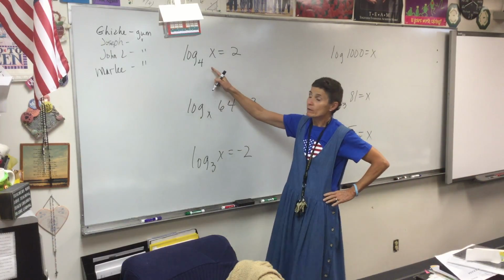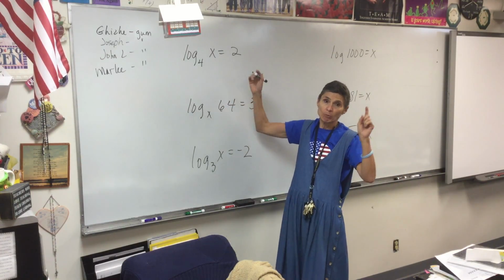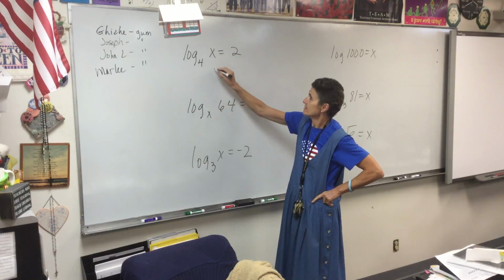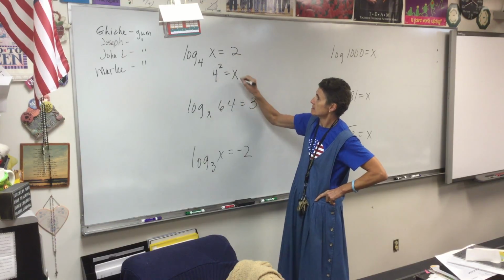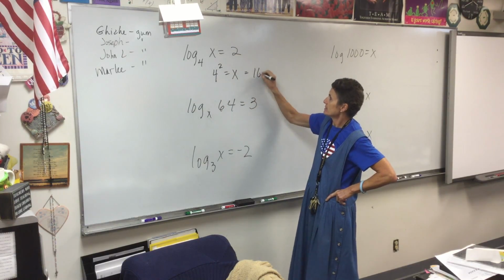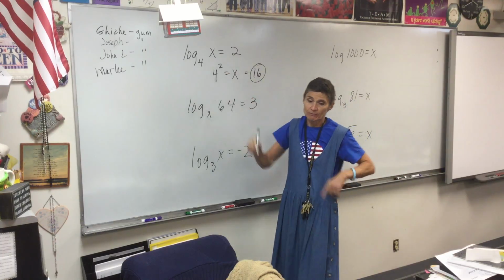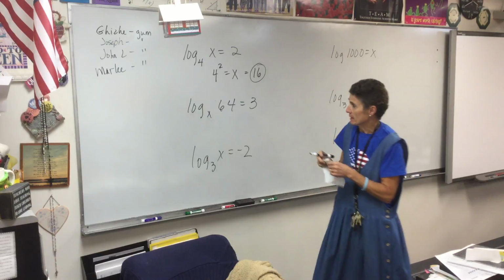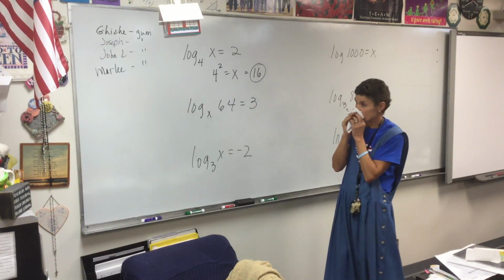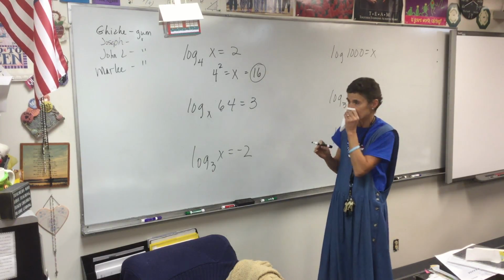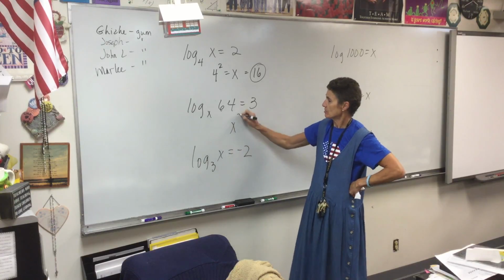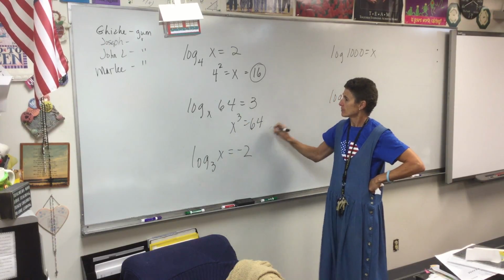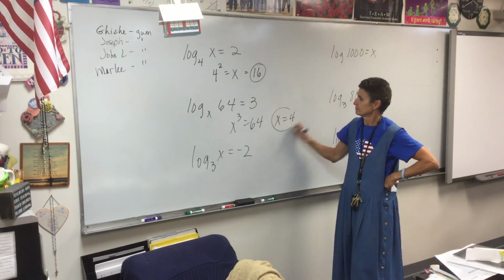We remember that really important thing: 4 to the second equals x, so x must be 16. So the answer to the first question is 16. Next, same idea, exactly the same thing. x to the third is 64, so x equals 4.